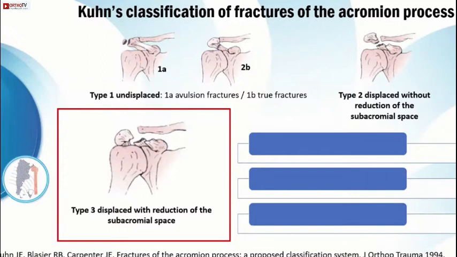This has been reported, but it can result in substantial weakness of the deltoid muscle, and this is something we have to avoid. So I would recommend to fix the fracture.